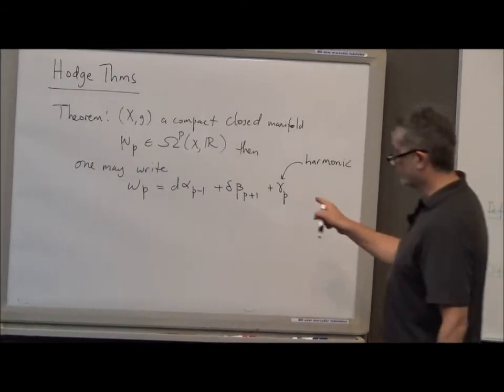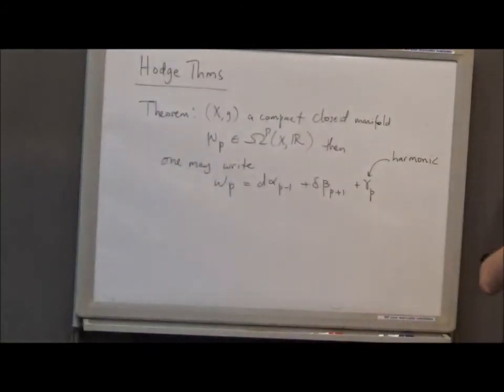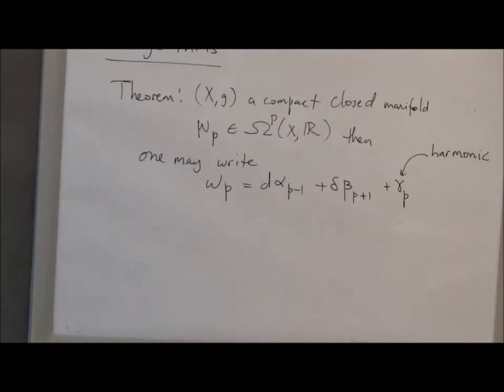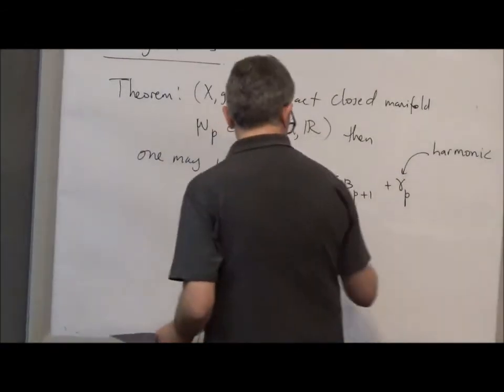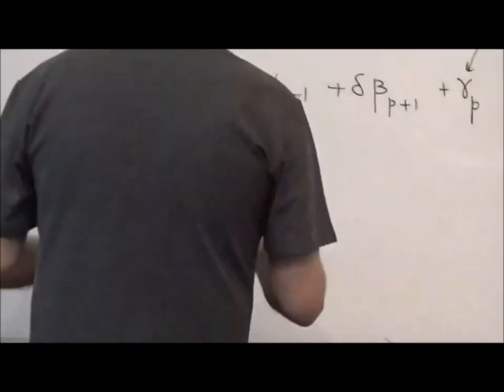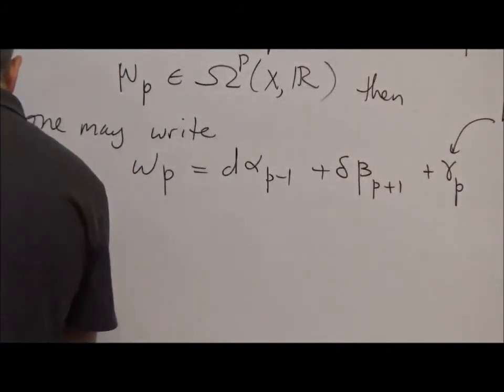And so you can rewrite this as d_mu phi plus epsilon_mu nu d_nu of g. Anyway, that's a great theorem. It's called the Hodge decomposition theorem.